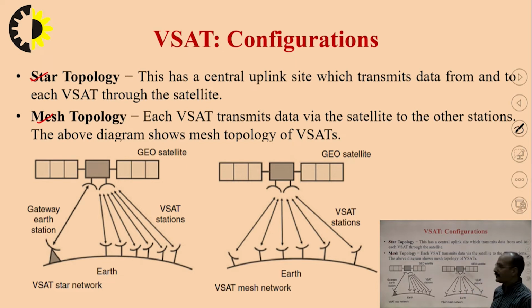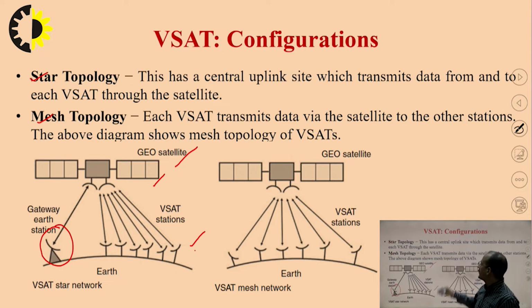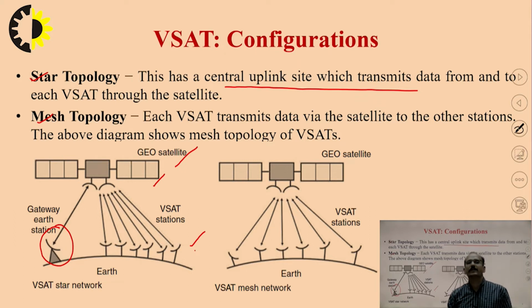Here you can see that in the star topology there is a gateway earth station and the space segment having a GEO satellite, and all other VSAT stations are connected directly with the satellite. It means this has a central uplink site which transmits data from and to each VSAT through the satellite only. That is the main station sending the data through the satellite to all the others.